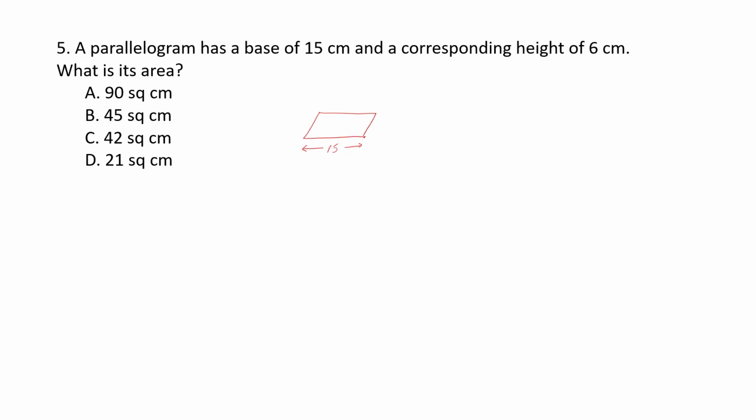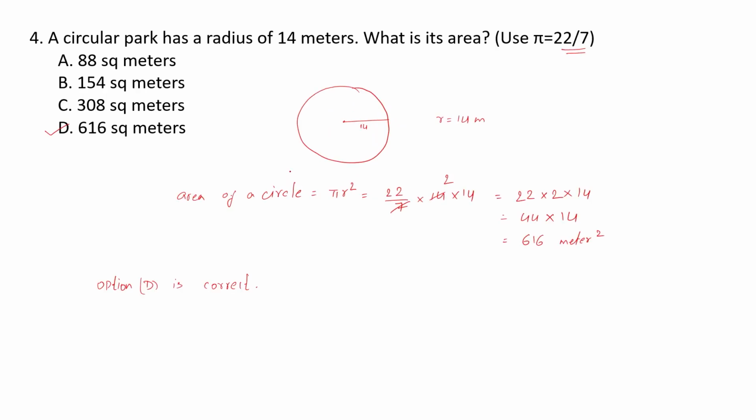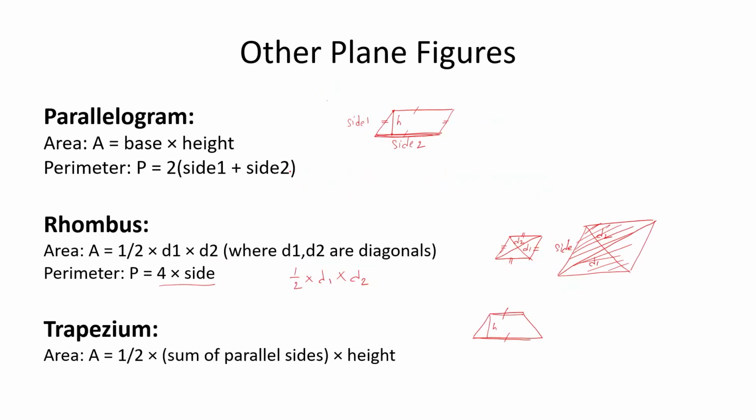What is the height of a parallelogram? So remember, this is not height. This is side. Height is anything perpendicular. So this is the height h. This is given to be 6. What is the area? What is the formula for the area of a parallelogram? Area of a parallelogram is base into height. Remember, base is this, height is this.